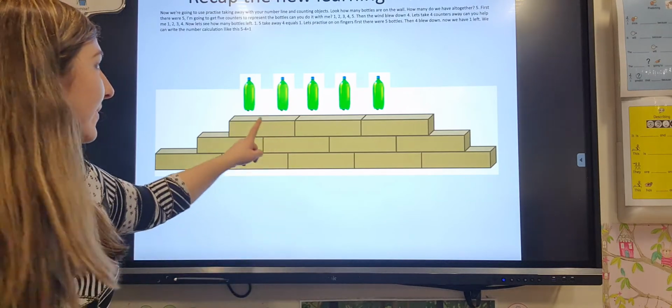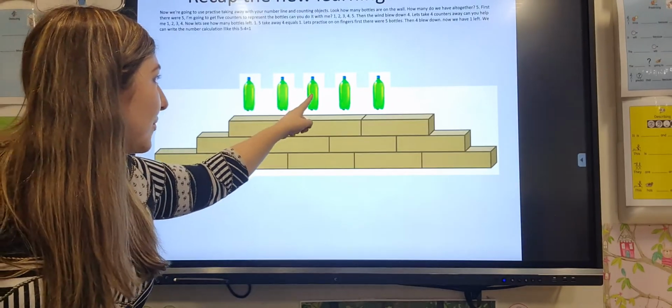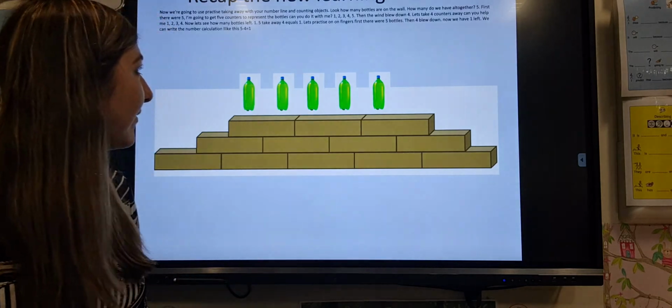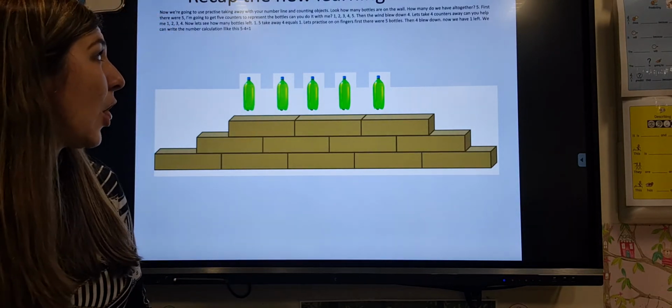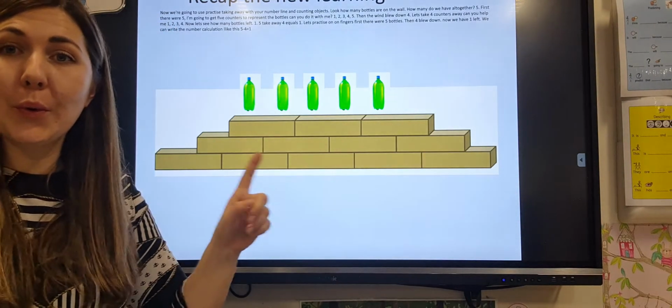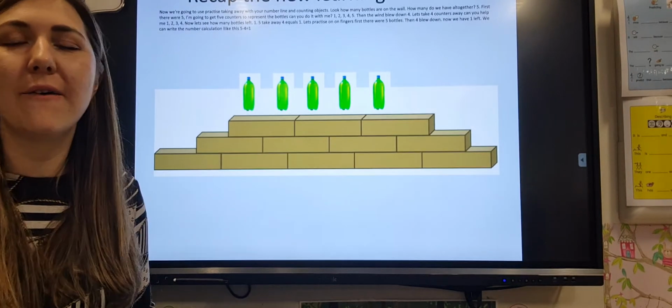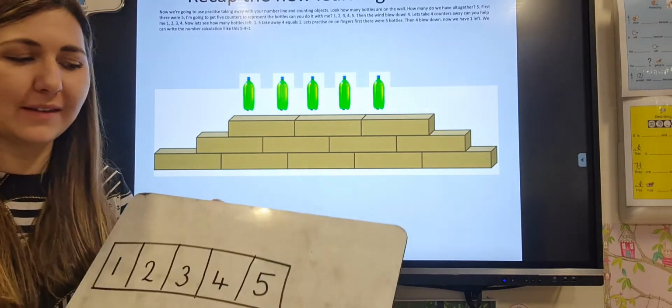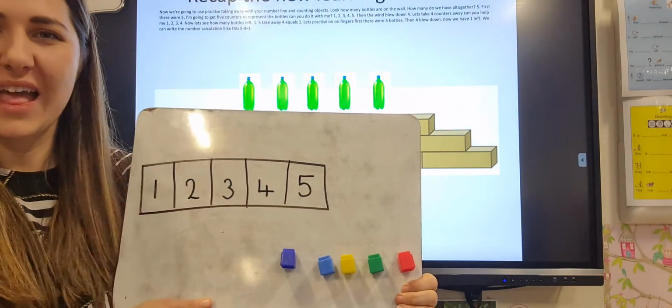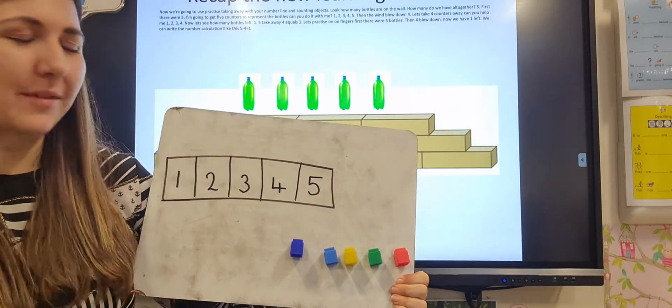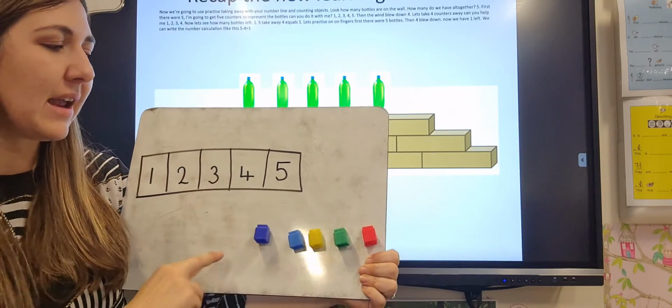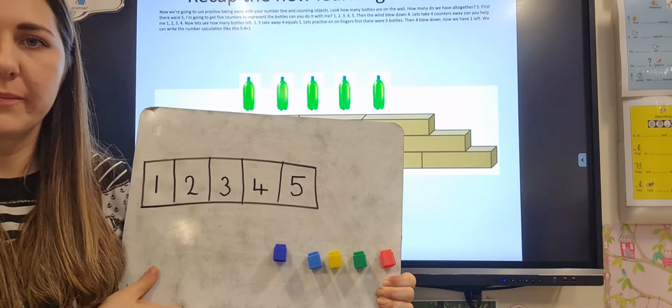Can you see them? 1, 2, 3, 4, 5. Then the wind blew 4 bottles down. Let's see if we can work this out using our number line and some counters.